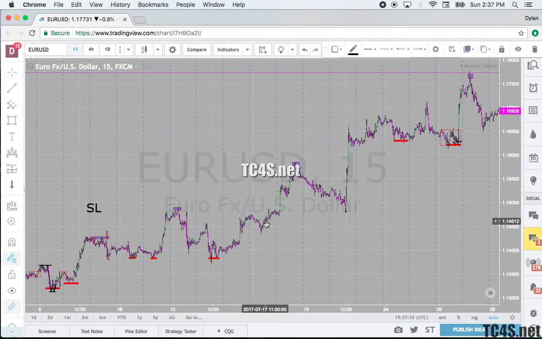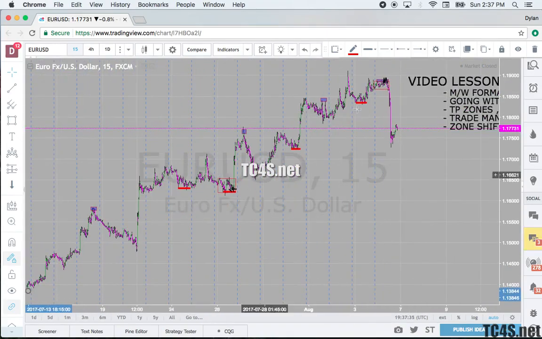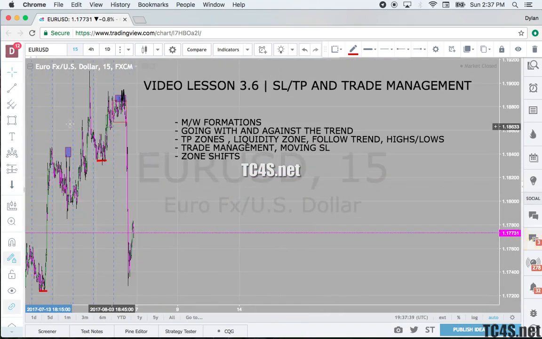But what I advise, if you are swing trading with the trend and you are taking these red line trades here, place your stop loss at break even and then just go with it. Go with the trend as long as possible until you see a large consolidation area.